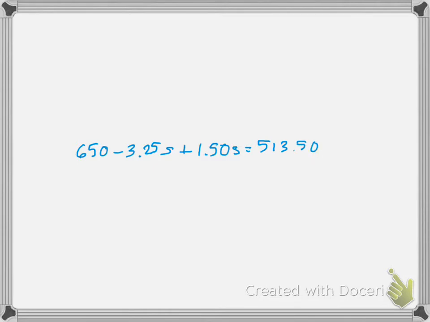So I'm going to go ahead and put the like terms together, and you can see that the like terms are here and here. And if I put those two together, I have 650 minus 1.75 S equals $513.50. And then I'm going to go ahead and take the 650 over.